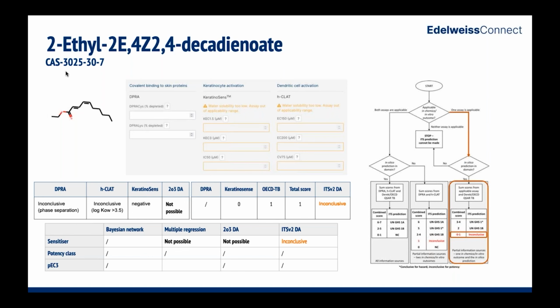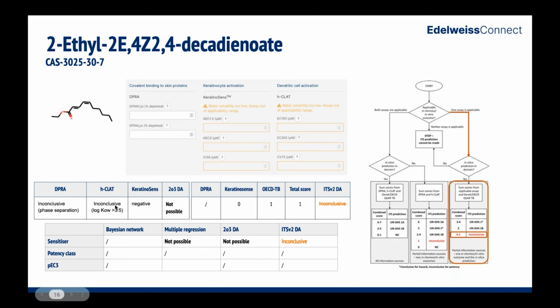This is the example with compound name 2-ethyl 2E4Z24 decadienoate, and this was interesting because all the data is from REACH dossier, and the result is not conclusive for the DPRA because it was not within the domain, which is explained in the individual guideline.